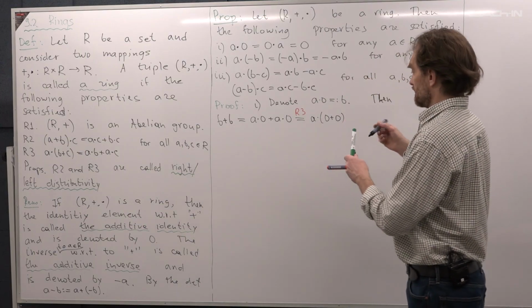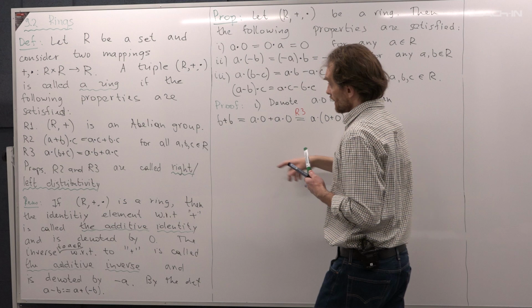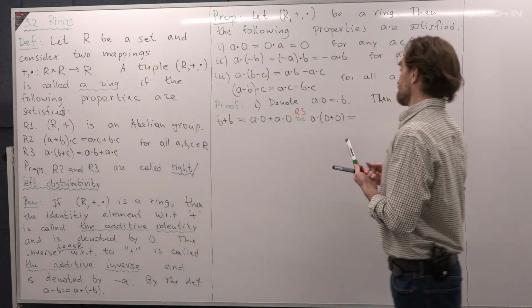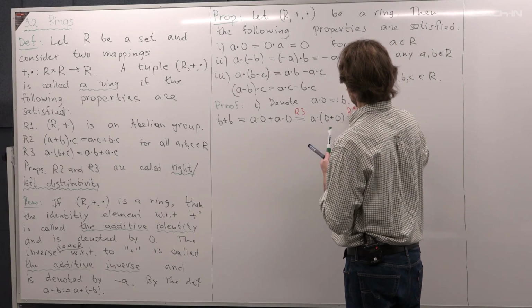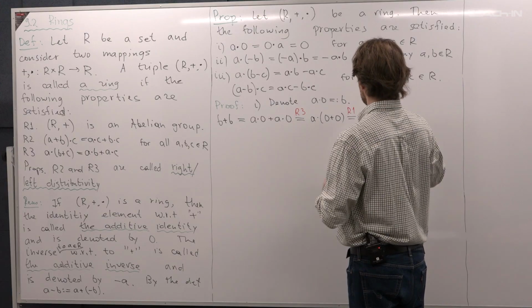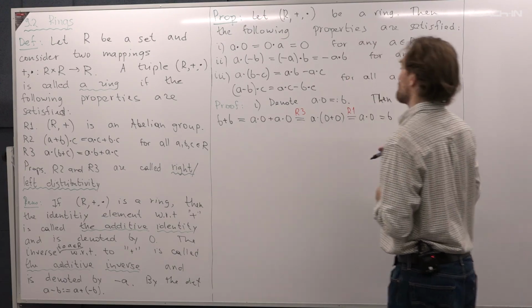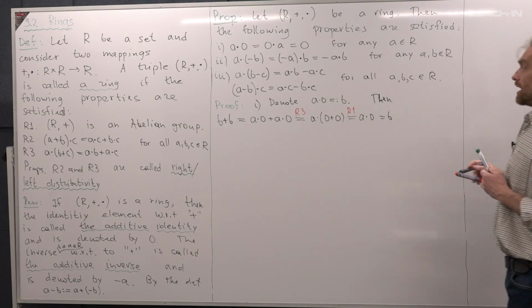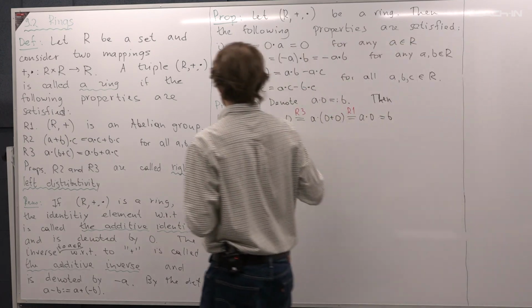And then, using the fact that our ring is an abelian group with respect to the first operation, 0 plus 0 makes 0 in this abelian group, so we get a multiplied by 0, which is b. So we get the relation that b plus b equals b.